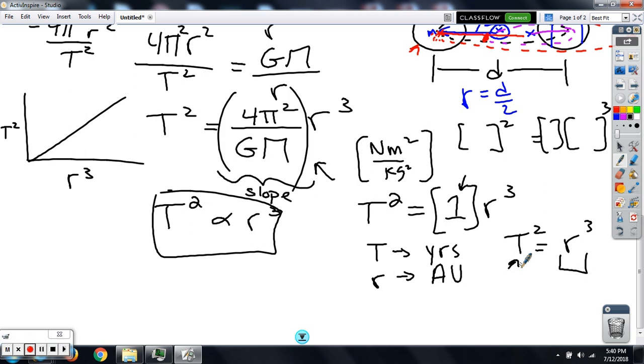But if you're dealing with ratios, then you could use any units for time and distance that you want, because again, this relationship holds true. If you're dealing with objects in the same system, they would all be points along this line. They all obey this particular relationship, so it doesn't really matter what units you use.